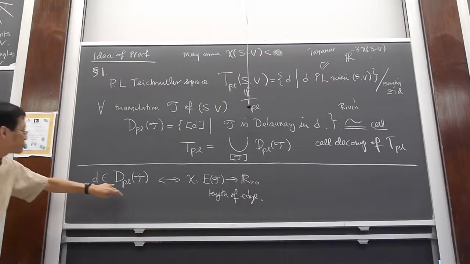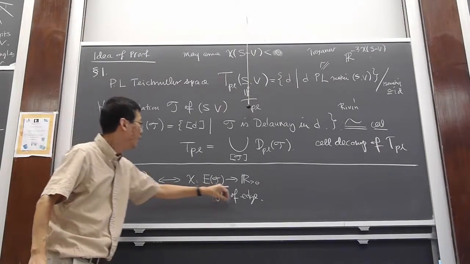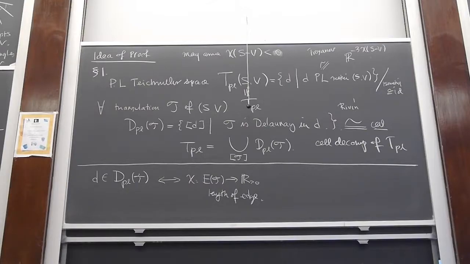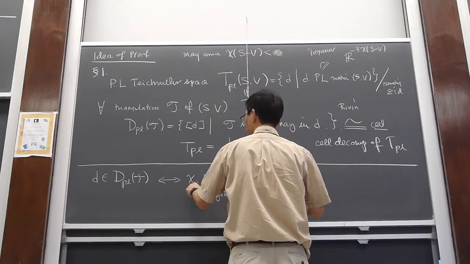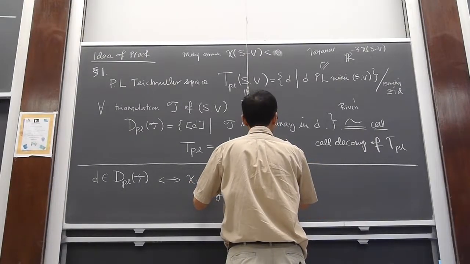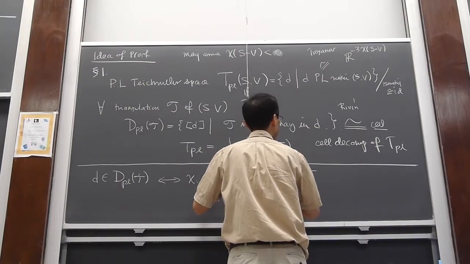Whenever I have a metric here, every edge you can pull tight and it becomes geodesic, and measure it. And under this length, Delaunay is exactly this condition which I haven't erased. Being Delaunay is the same thing as, for this length assignment, alpha plus alpha prime being at most pi for every edge.